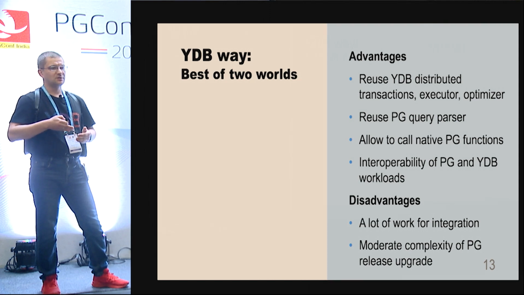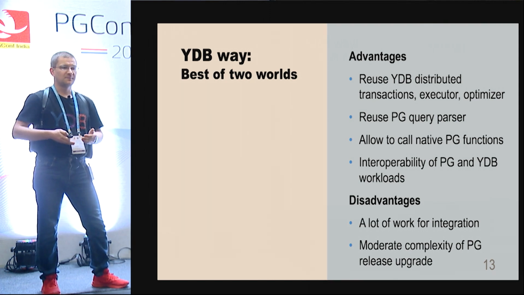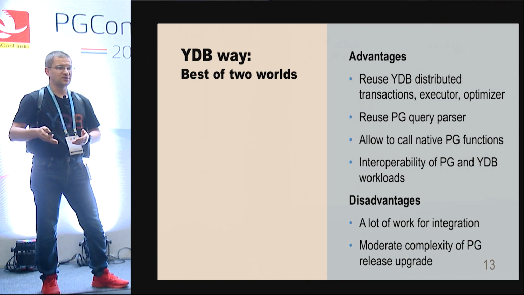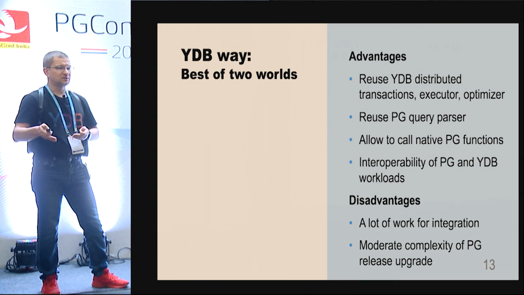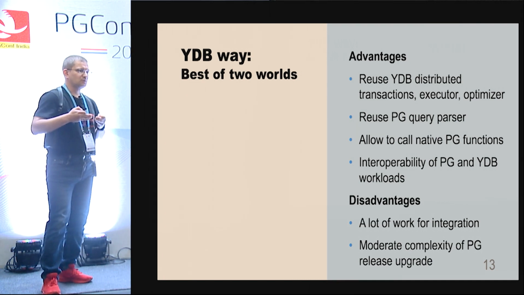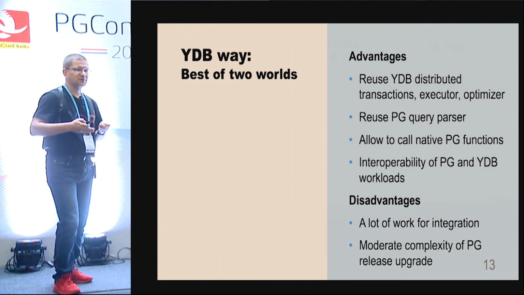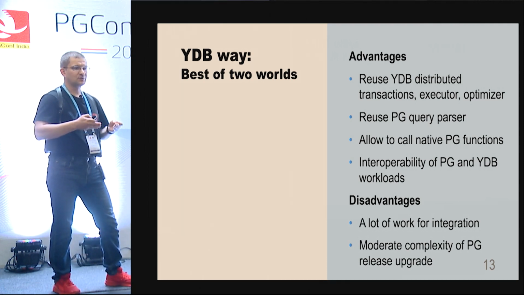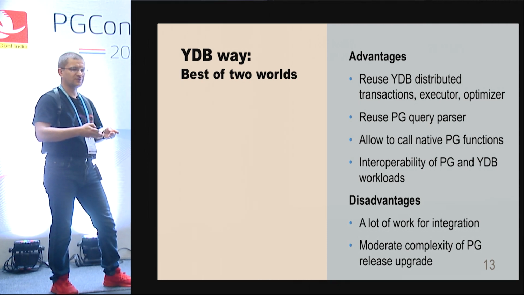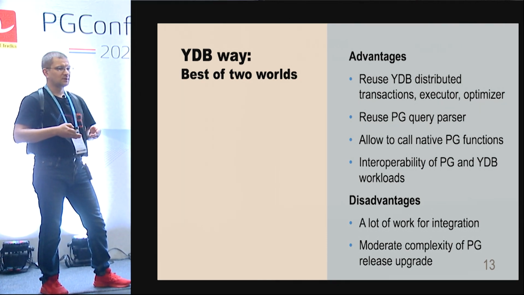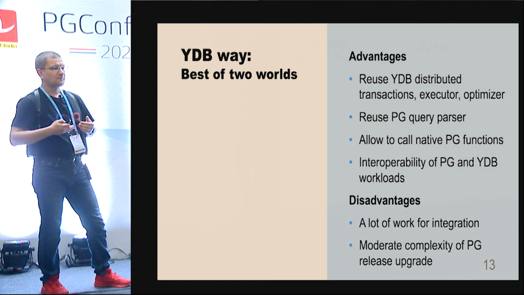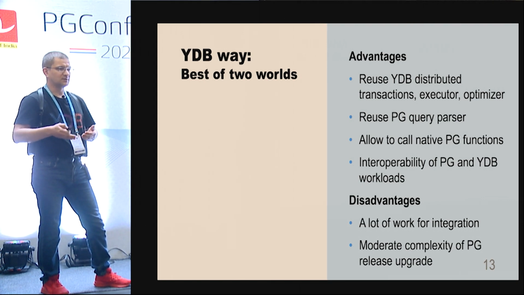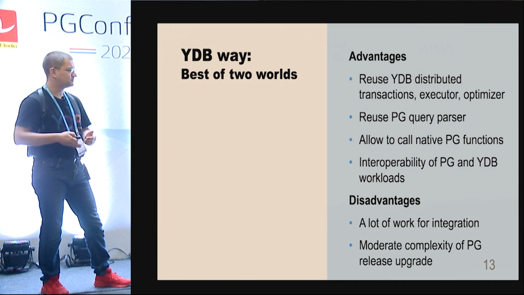But we use the YDB query engine to use the distributed nature of YDB, the distributed optimizer from YDB, and to be able to interoperate between YDB and Postgres. And we use native Postgres functions for function calculations from Postgres and avoid re-implementing all functions. But we use our own wire level. I will talk in detail in the next slides.